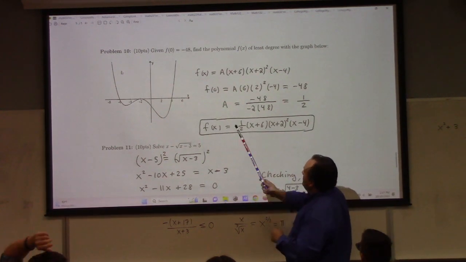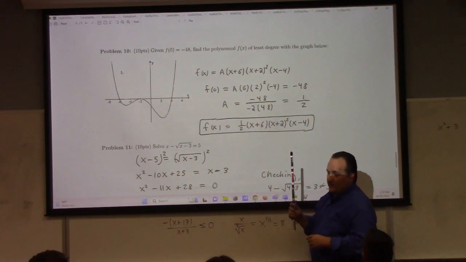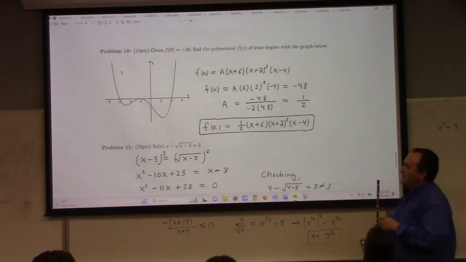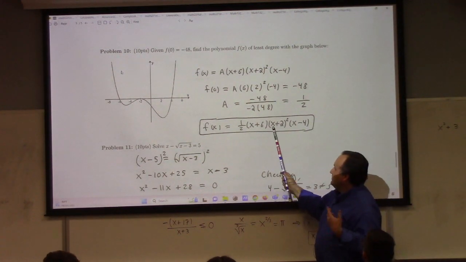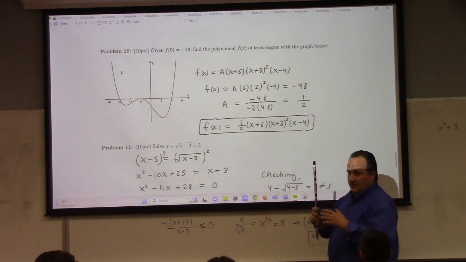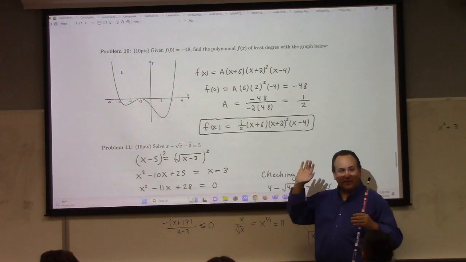And then a is whatever I need it to be in order to get my f of 0 to be minus 48. The thing is, you can make the graph cross, bounce, cross like that, and you can make it as big as you want going up or as big as you want going down. It will still bounce and cross at the same places.